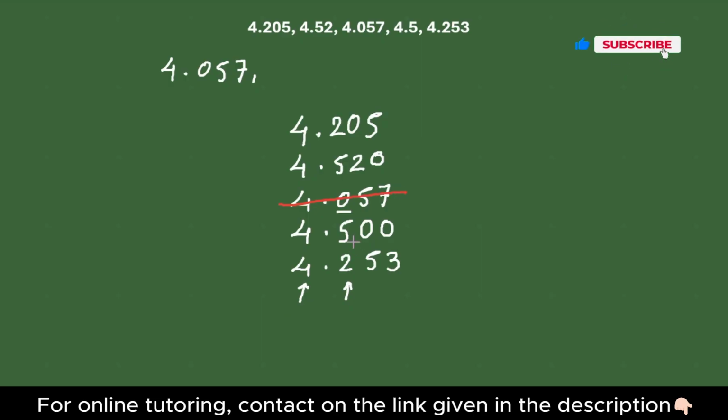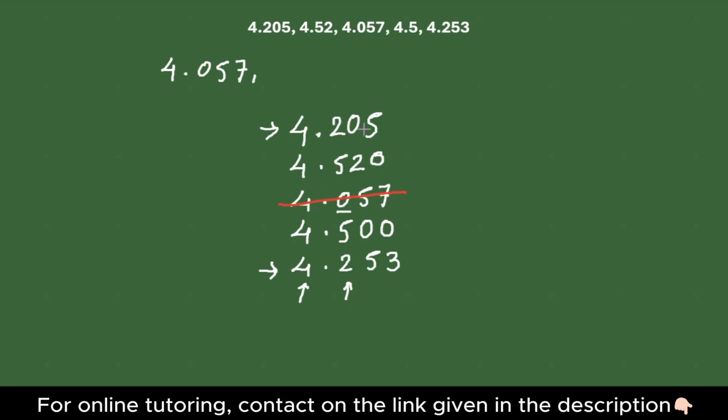So now let us compare another 4 numbers. So in another 4 numbers we can see that after the decimal point we have 2, 5, 5, 2. So 2 is the smallest, but there are 2 in the 2 numbers 4.205 and 4.253. So for these 2 numbers we will move forward 1 digit towards the right side.